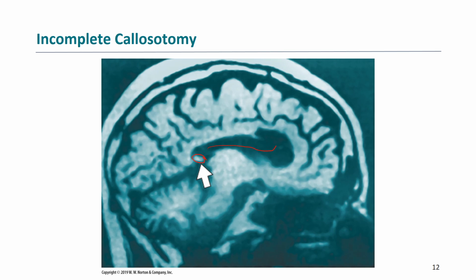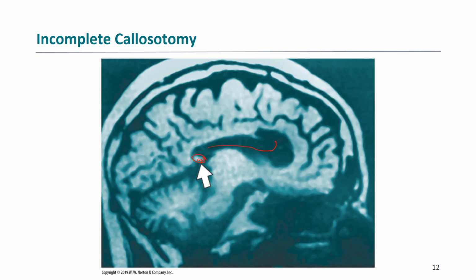They removed this part and left this whitish part here. A complete corpus callosotomy, I'm sorry. This MRI shows a sagittal view of a brain in which the corpus callosum has been entirely sectioned. The arrow indicates the region of resection.